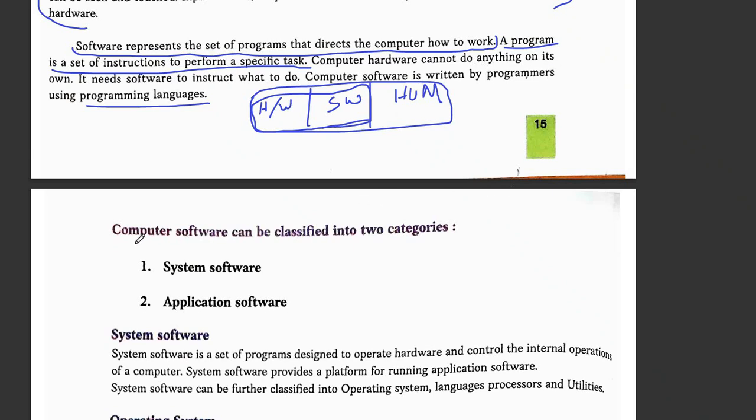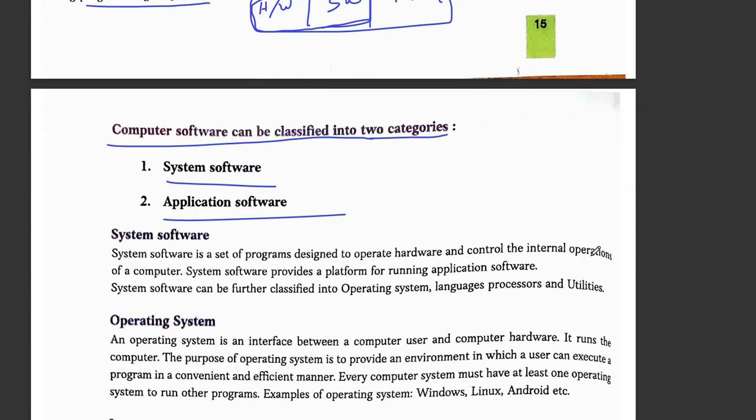Okay, next we are going to learn about the different categories of software. In your book it is given that software can be classified into two categories. First is system software and second is application software. So when you are asked what the different types of software are, you have to say that one is system software, another is application software.